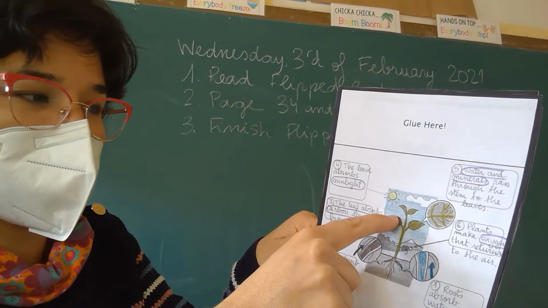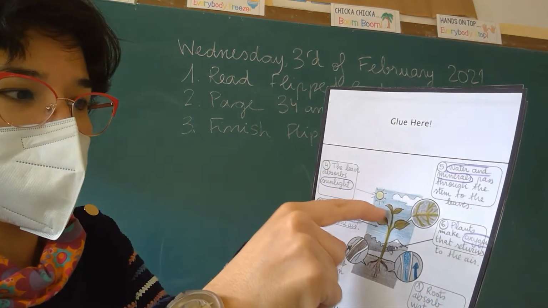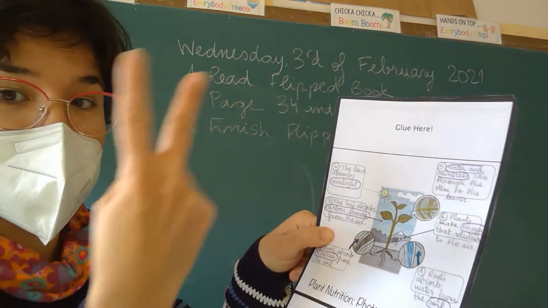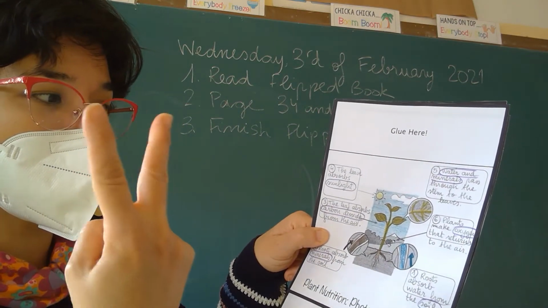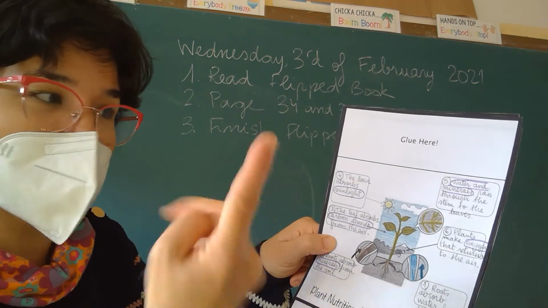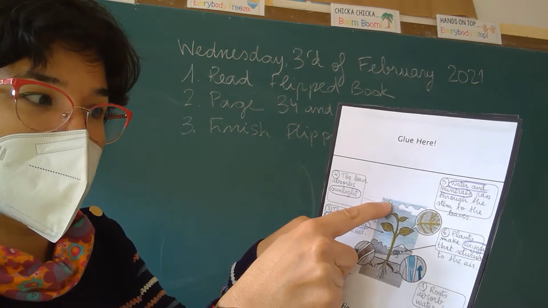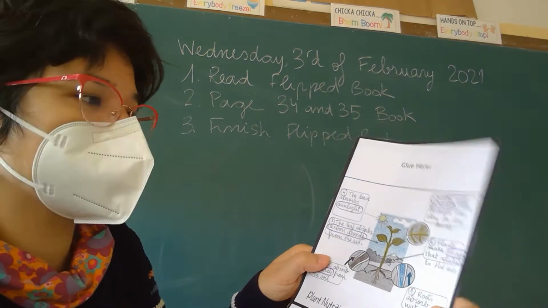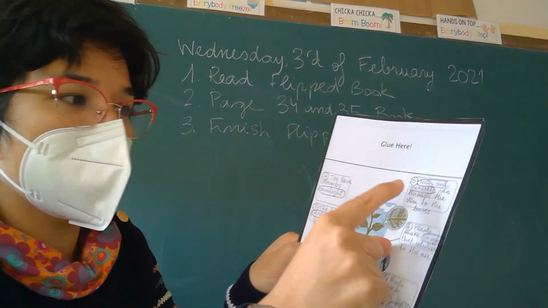The leaf. Okay. Number 4. The leaf absorbs sunlight. So the leaves absorb 2 things: sunlight and carbon dioxide from the air. Number 5.